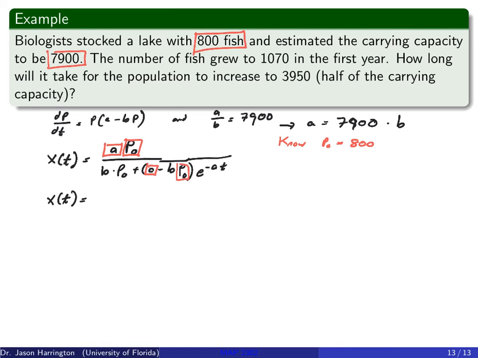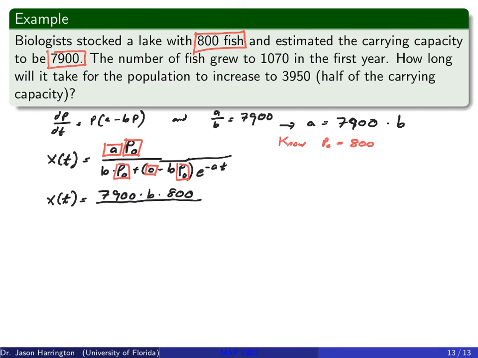So we have a lot of little substitutions to do first before I even get started with anything. So we have x of t is going to be equal to 7,900 times b times 800. So I made those substitutions.